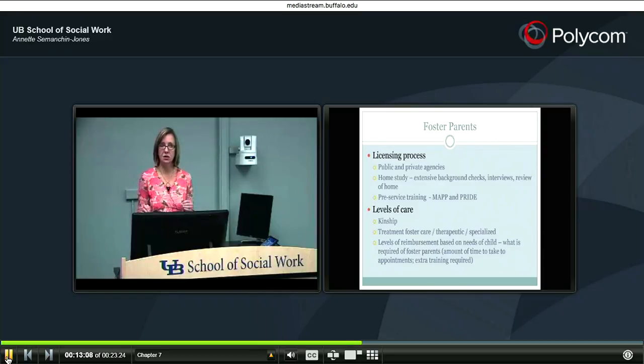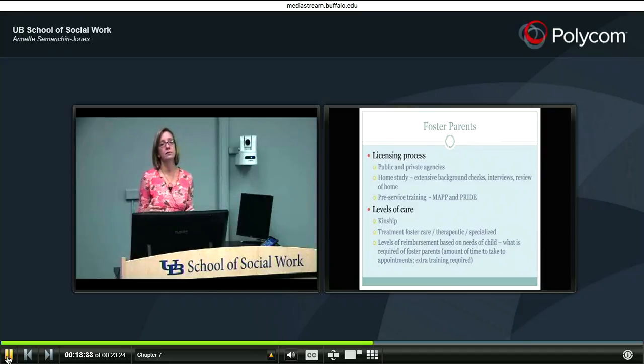Different states call these different levels different things, but all of them relate to increased need of the child, and that might be medical needs, emotional behavioral needs, and so there's extra training that foster parents are required to do, but you also get more resources to help you provide for the needs of that specific child.